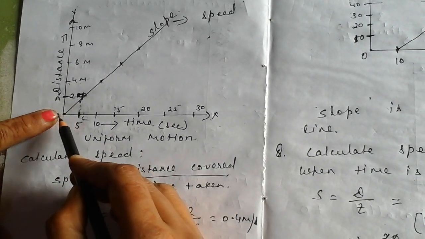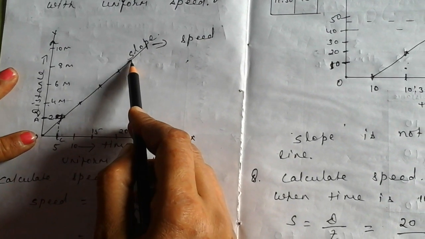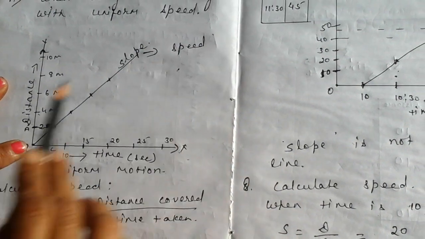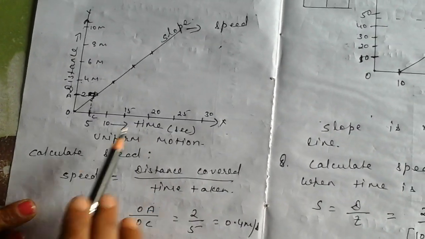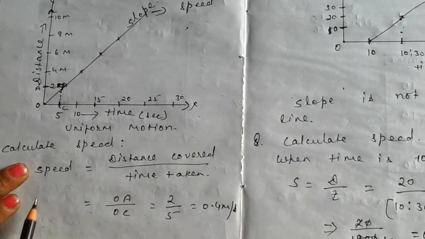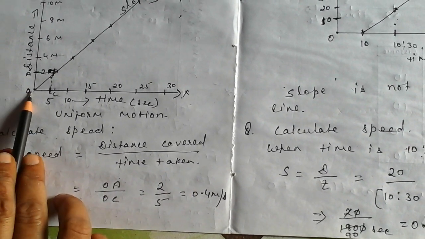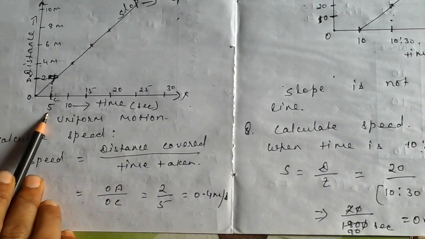Just you see, this line shows a slope. This is known as slope. So slope represents speed in a distance-time graph. How will you calculate the speed? Speed is distance covered divided by time taken. Let us take any time. Suppose I have taken 5 seconds.